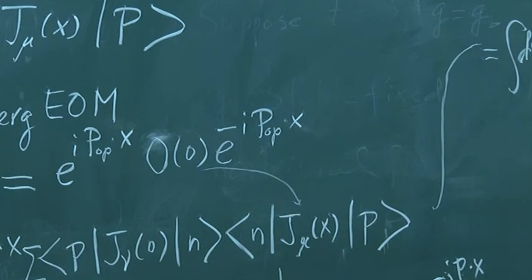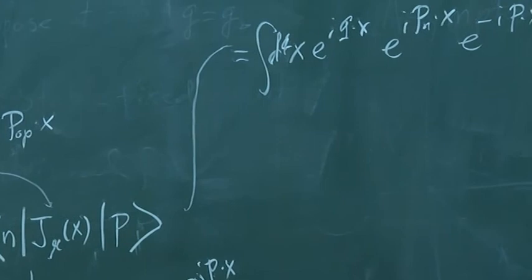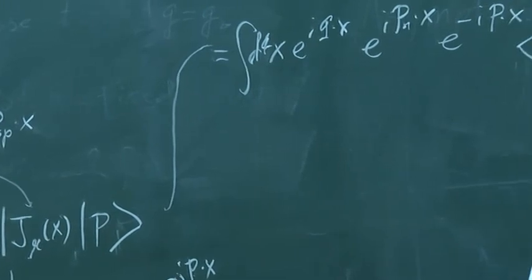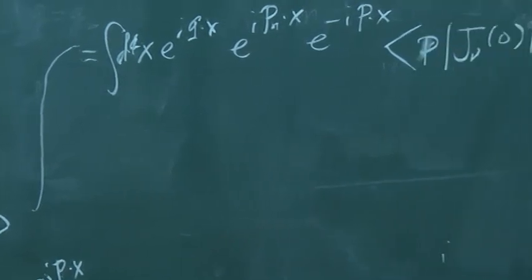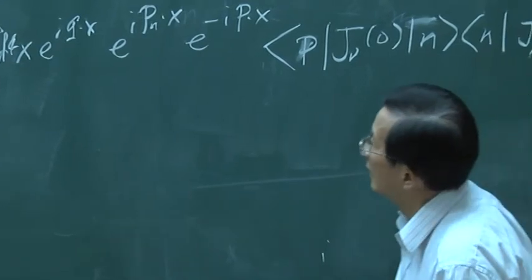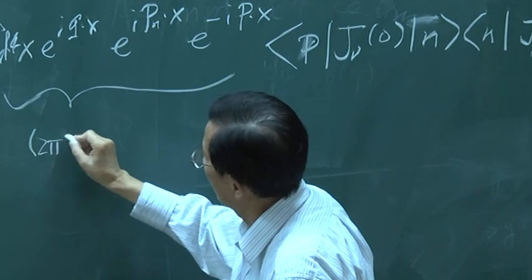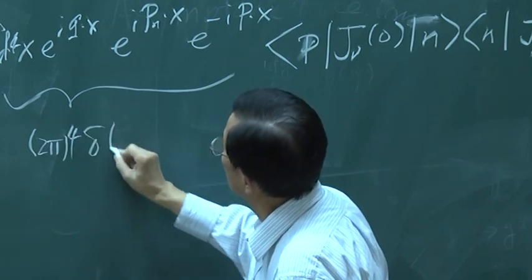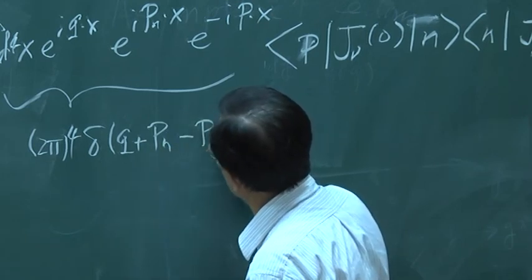So I have e^{ip_n·x} and e^{-ip·x}, and then I have <p|j_nu(0)|n> and <n|j_mu(0)|p>. Okay. Now we can do this integral. So it just becomes (2pi)^4 delta^4(q plus p_n minus p).